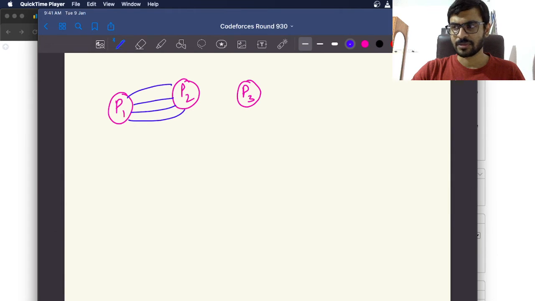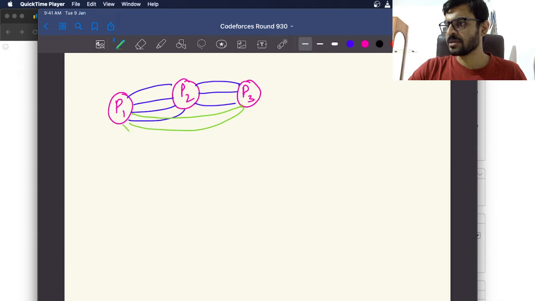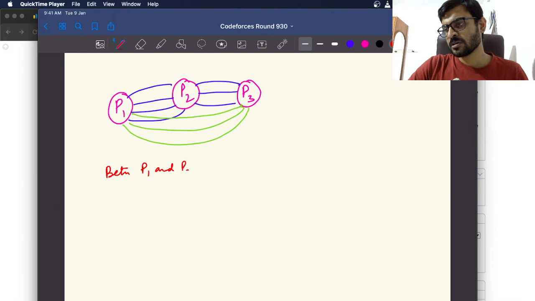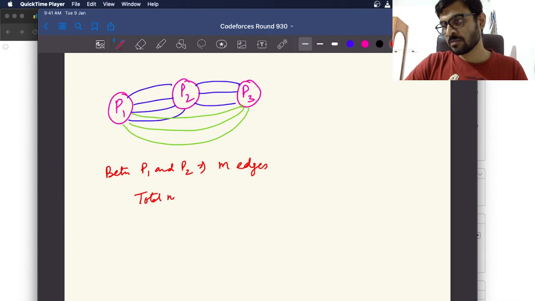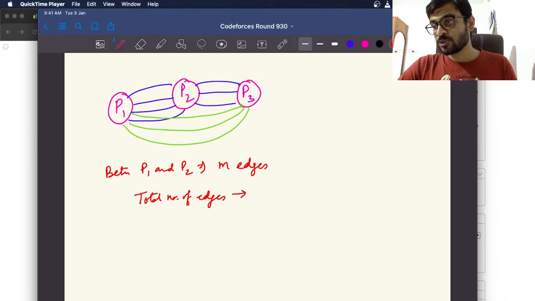With each of them, and from there also I have so many coming here. So how many edges are there? Between P1 and P2, there are m edges, the number of attributes. So the total number of edges is going to be roughly n square into m.